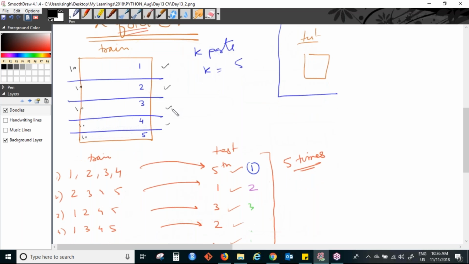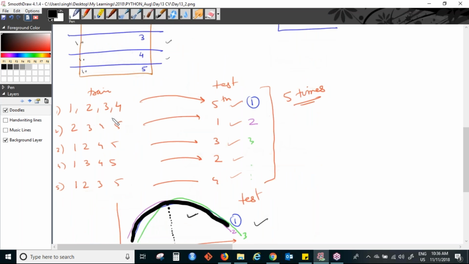Now what am I doing? I'm taking the first 4 parts to build a model and testing it on the fifth part. Similarly, I'm building the model again on some other 4 parts and testing it on the other fifth part, and so on until all the parts become the testing data.